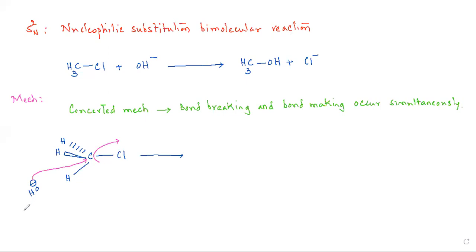Okay, so here the attack is purely from backside. Now this step, in fact, is the rate determining step or the slow step of the reaction. In fact, it is the only step. But the point is we get a transition state. Let me show you.